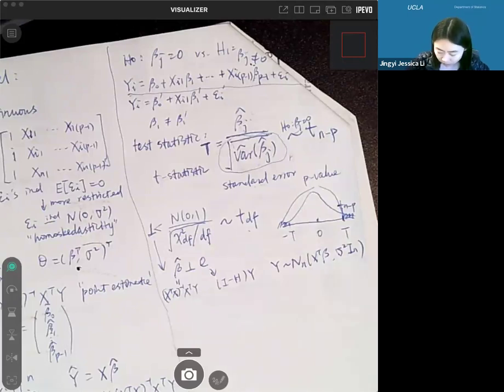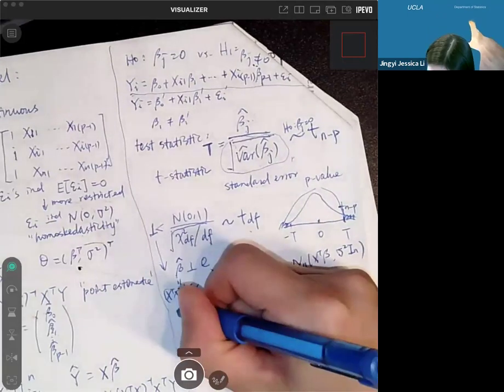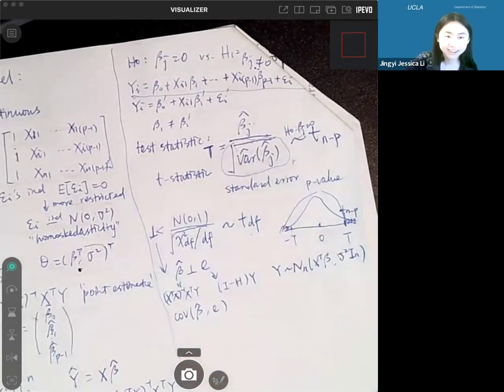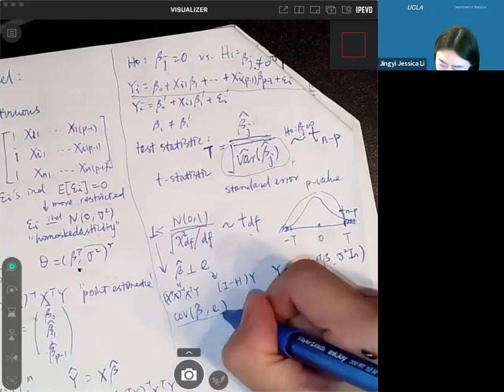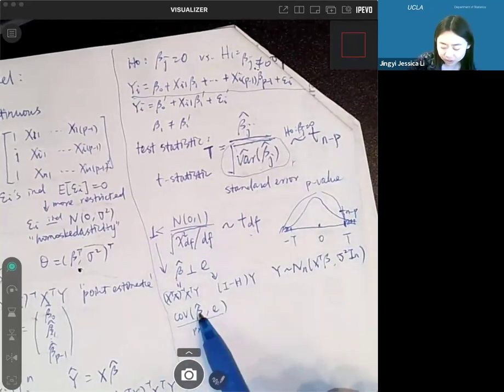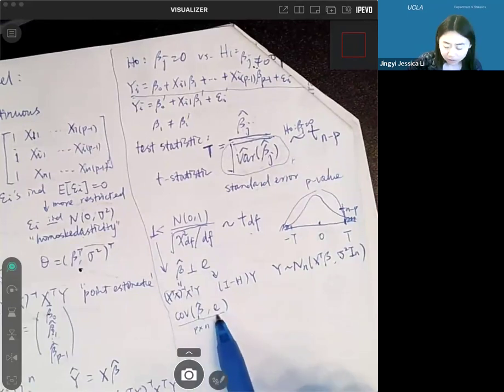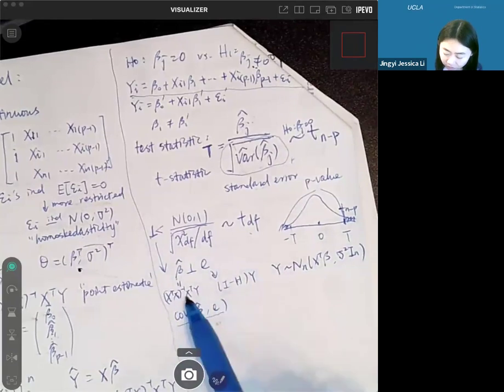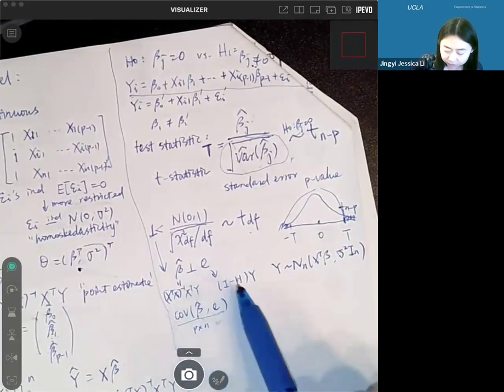But since it's normal, we can just check that the covariance of beta hat and e is a 0 covariance matrix. We should be careful that this is a p by n covariance matrix, because beta hat is p-dimensional and e is n-dimensional. So to check that, we go back to using the fact that beta hat takes this form and e takes this form.